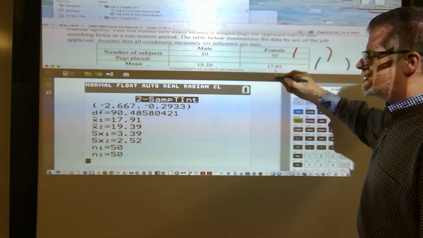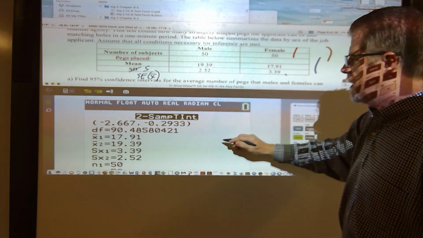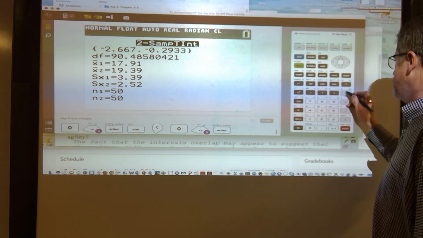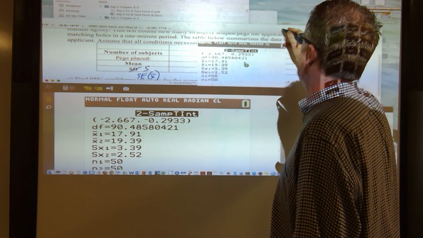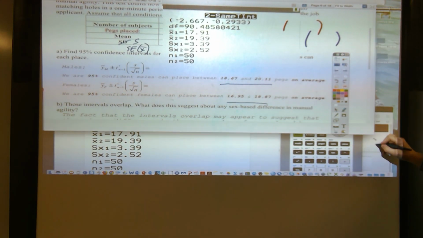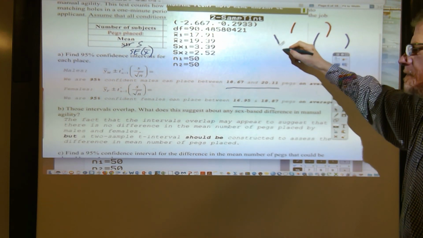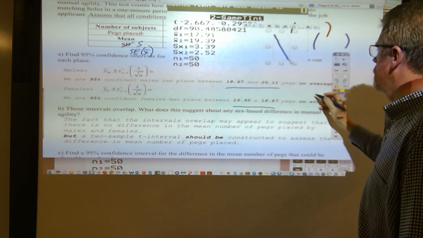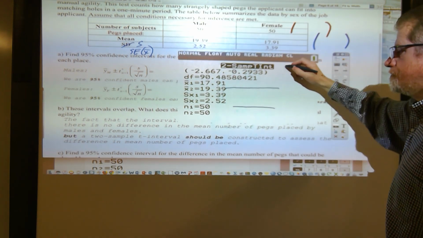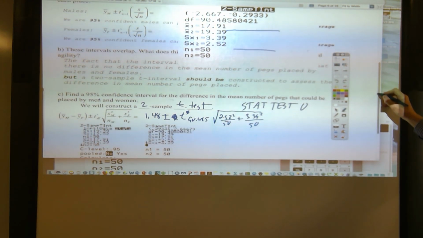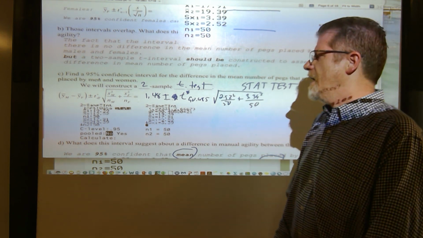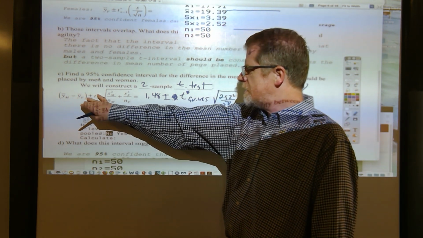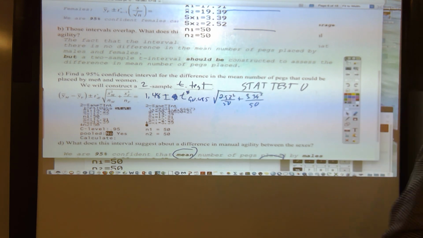And so let's record our results by pulling this into our document. Okay, so based on what we see on the calculator, we're going to construct a two-sample t-test, and we are responsible for writing down the given information. Notice how this is documented.